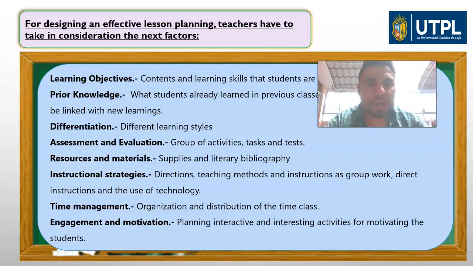This is about what the students are expected to learn at the end of the class. Prior knowledge is related to contents and knowledge that the students learned before in other classes, and how these concepts can be linked with the new knowledge that the teacher has to transmit in this class.